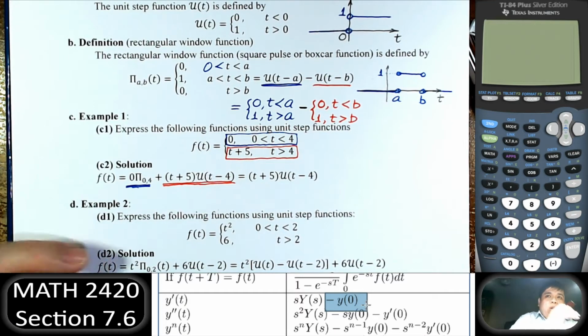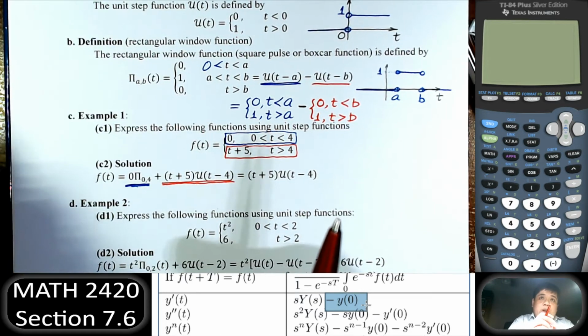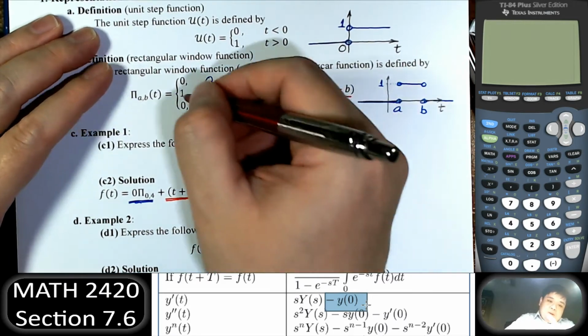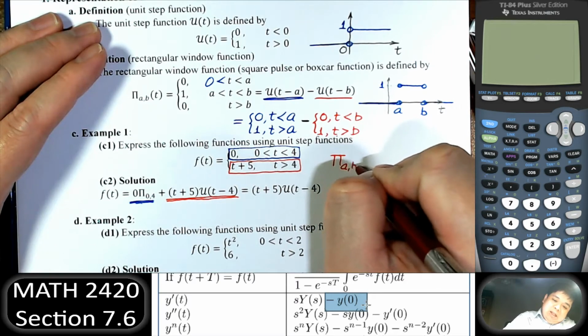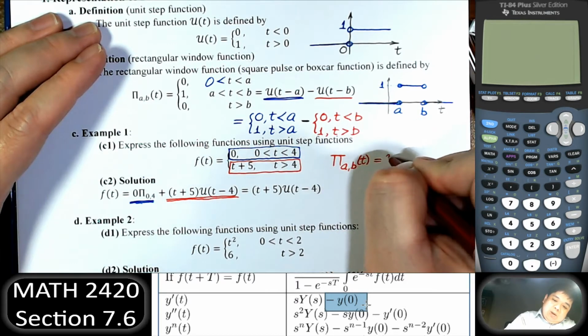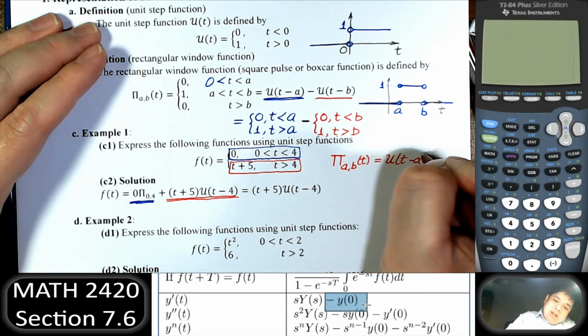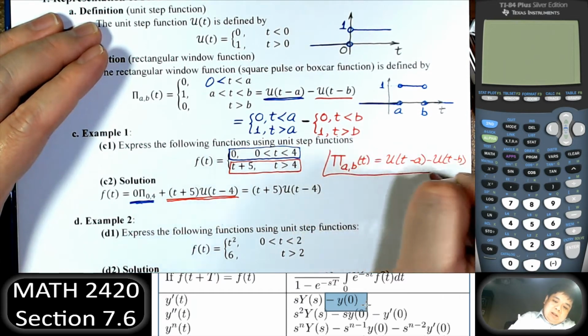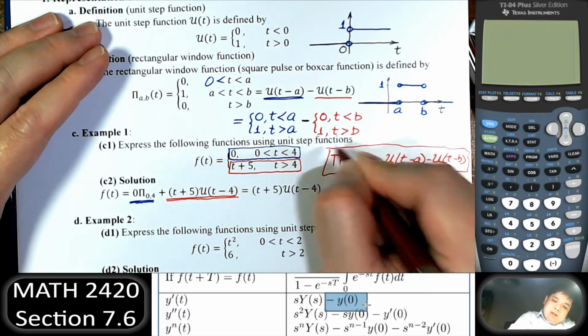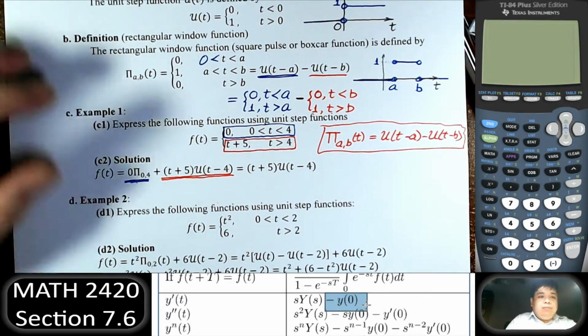Right? So when we have a piecewise function, write that as a window function, and then use this property: the window from A to B of t is equal to u of t minus A minus u of t minus B. Right.